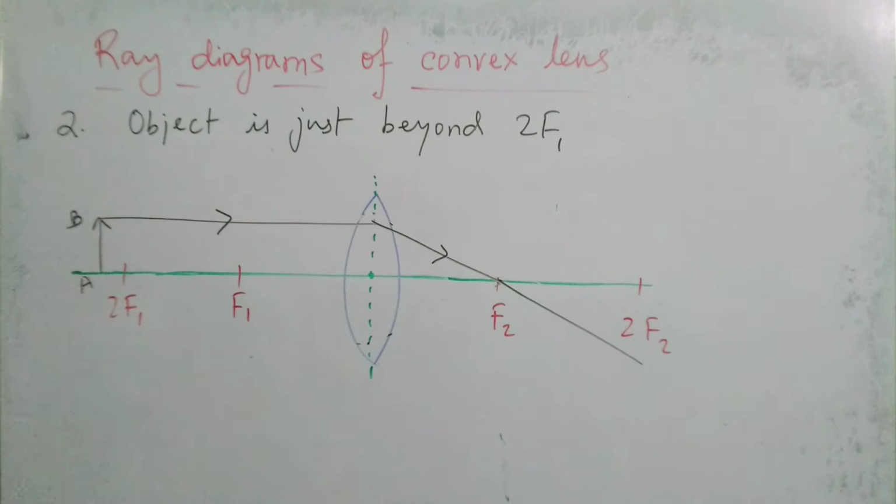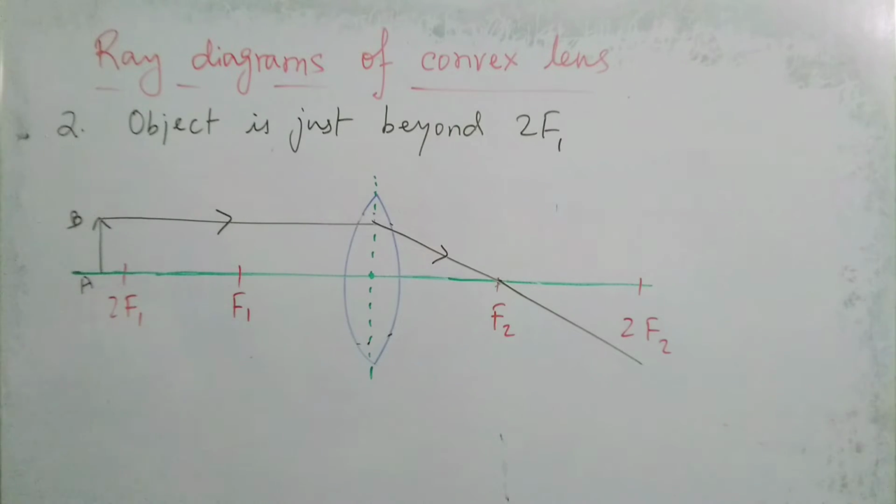So if the light passes undeviated, how will it come? Can you guess where the image will be formed?